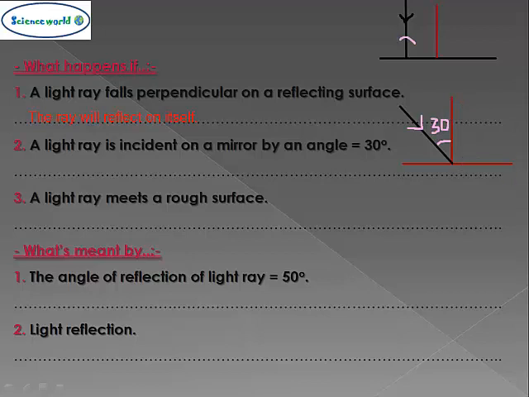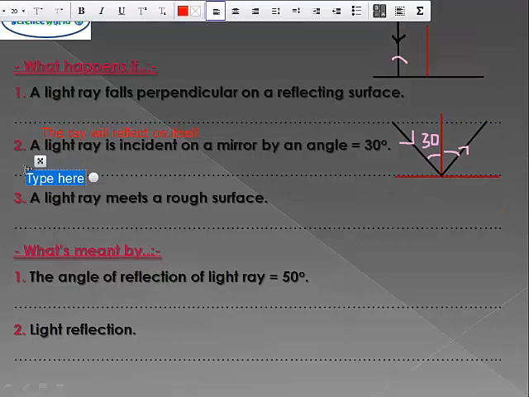So it will reflect with the same angle, because the angle of incidence equals the angle of reflection. So this angle will also be 30. So the answer is it will reflect with an angle equal to 30 degrees.